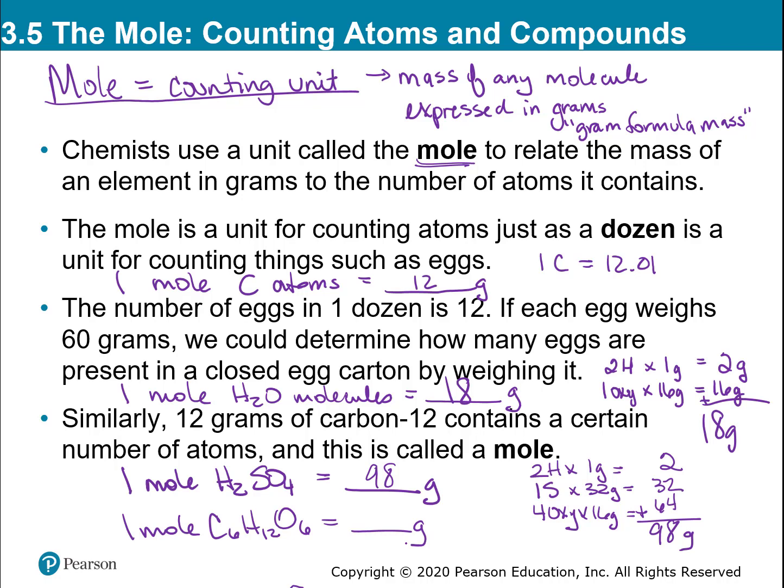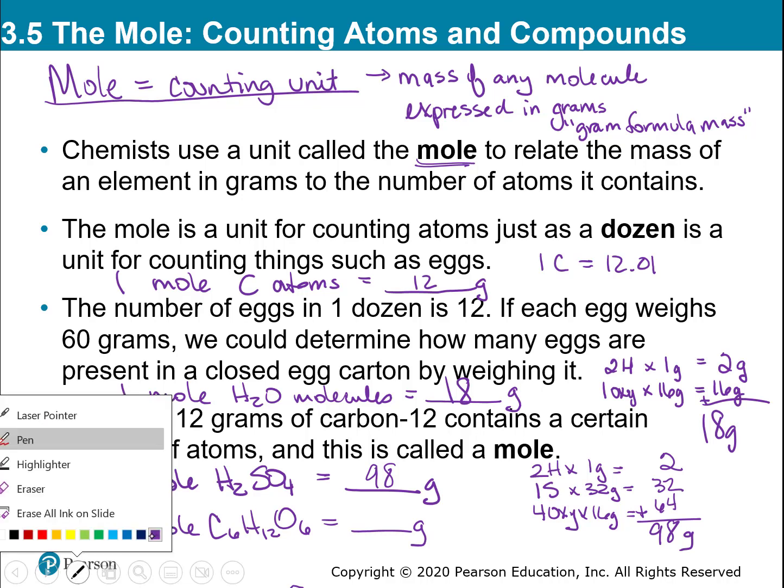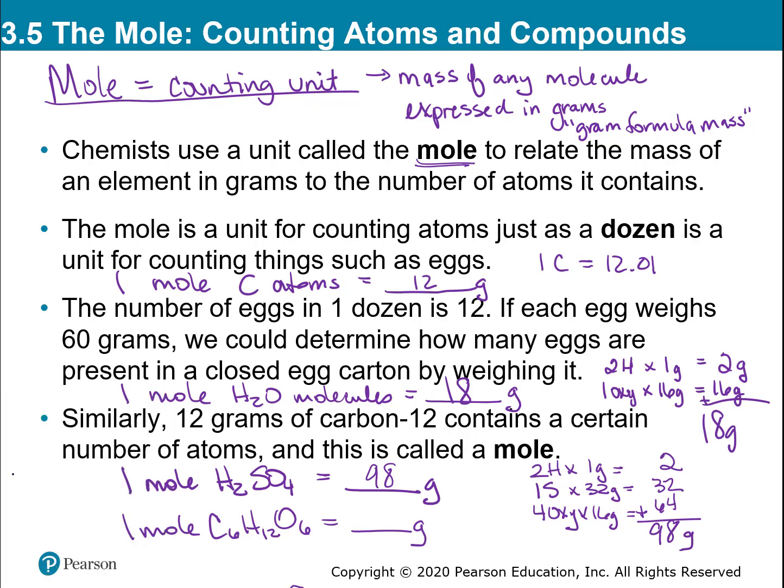So find the number in 1 mole. C6H12O6, let me change colors so you can see it. How many carbons? 6 carbons. How much does each weigh? 12. So that is 72. Hydrogens, how many? 12. How much does each weigh? 1. So that's 12.